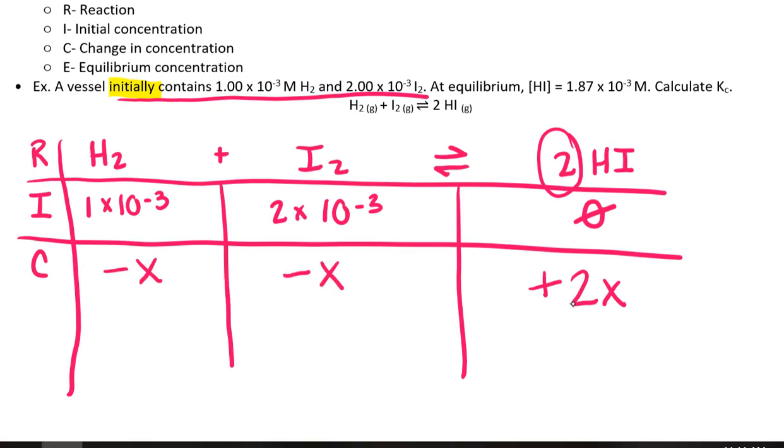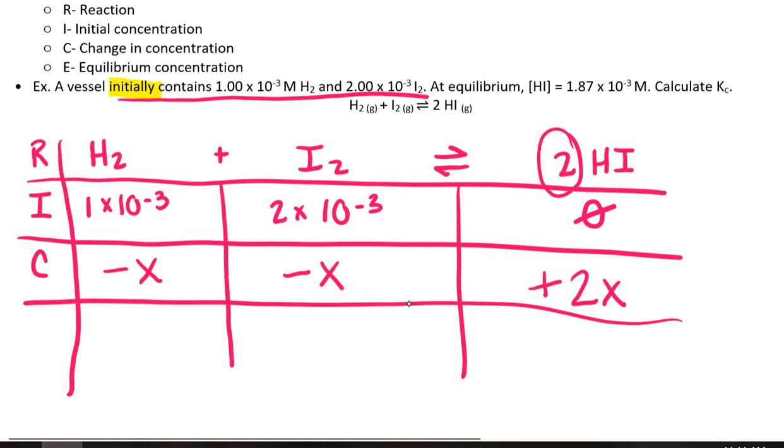Alright. Lastly, E is the equilibrium concentration. All that I'm going to do for E is take my initial concentration plus my change in concentration, and that will give me my equilibrium concentration.